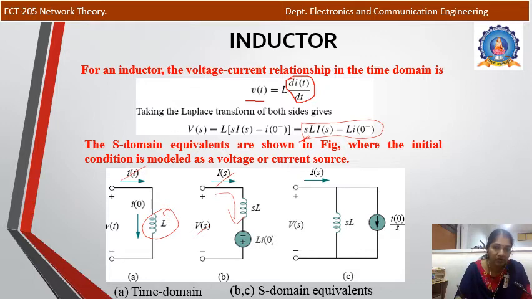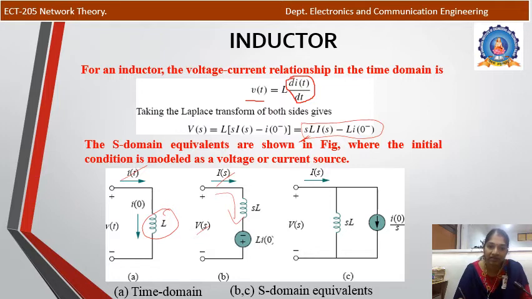We can also represent it by using the parallel circuit. When we are drawing a parallel inductor or impedance, the source will be a current source. So the current value is I of 0 by s. Keep in mind that this is the transformed circuit of the inductor.